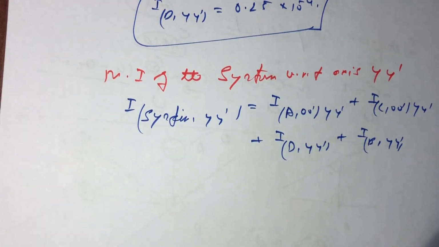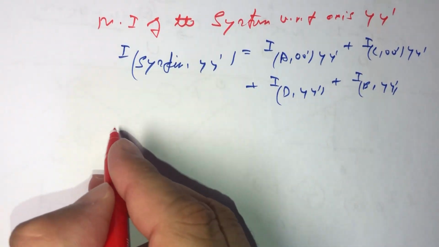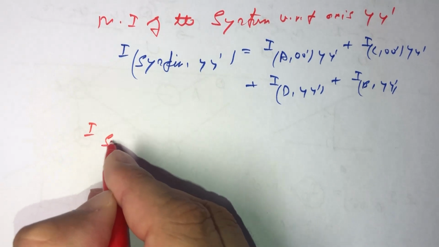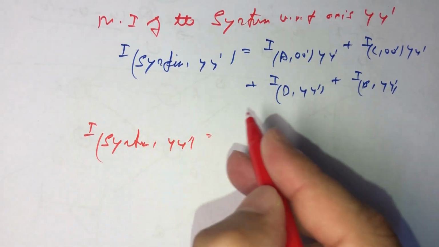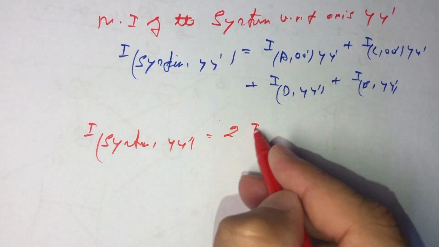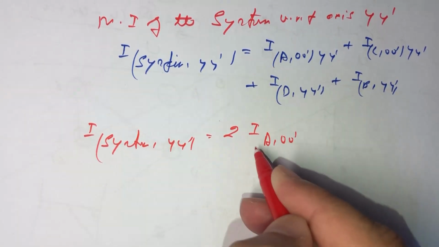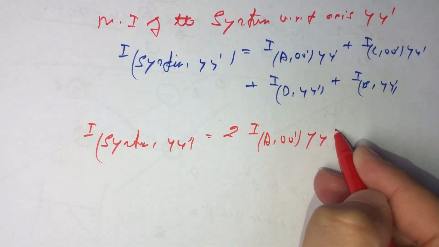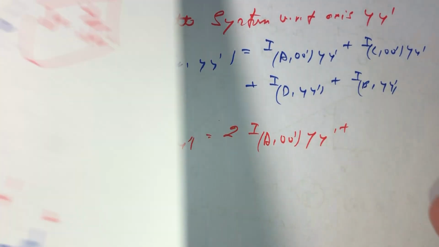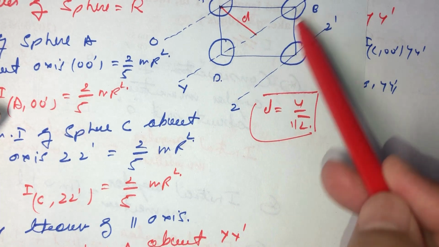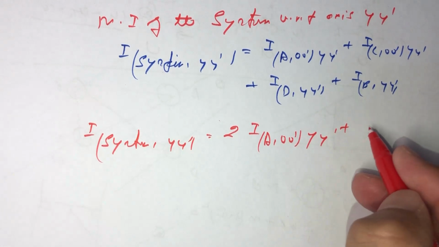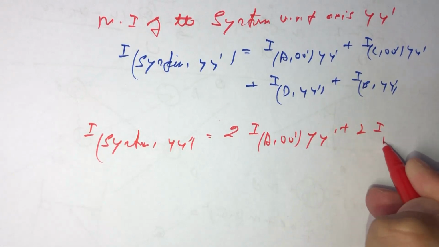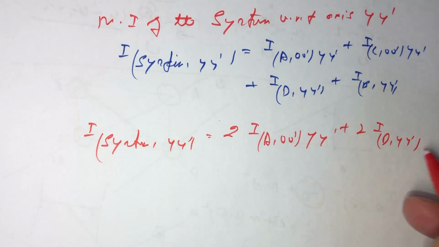So therefore moment of inertia of the system with respect to y prime is equal to twice moment of inertia of A with respect to y prime plus, similarly D and B are also symmetrical with each other, so their moment of inertia will be same. So this can be written as twice moment of inertia of D with respect to y prime axis.